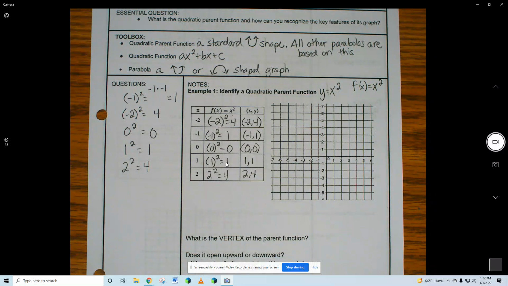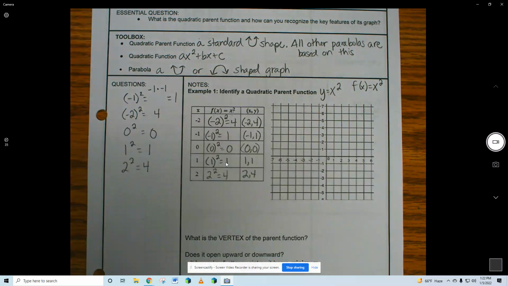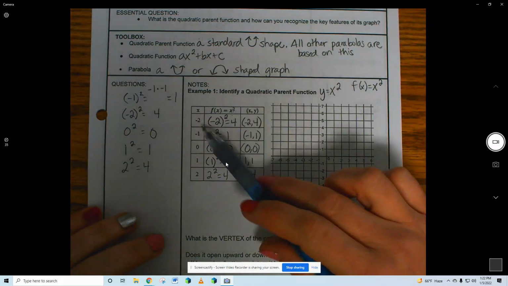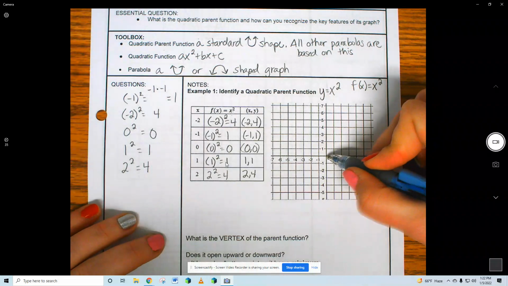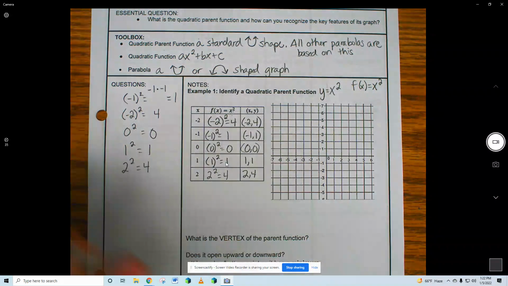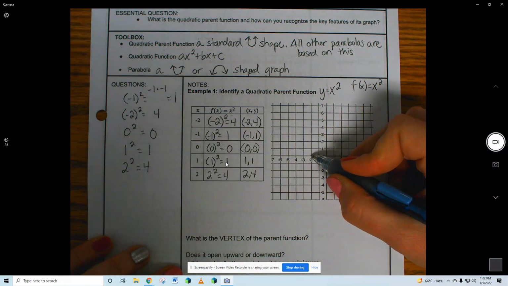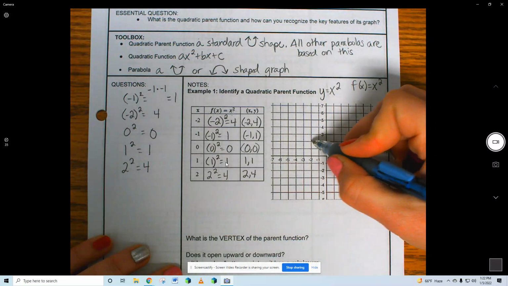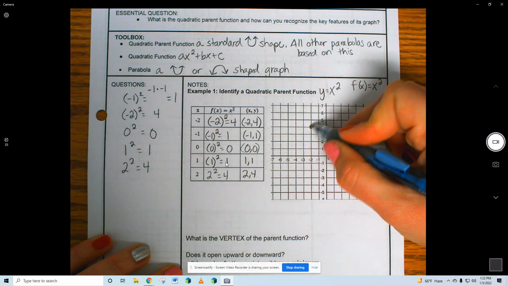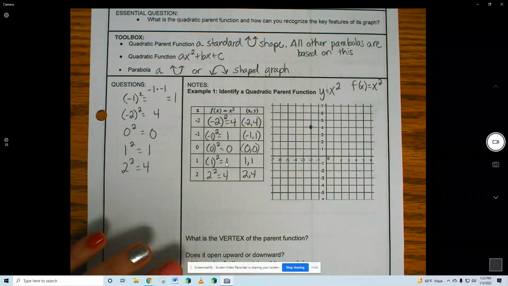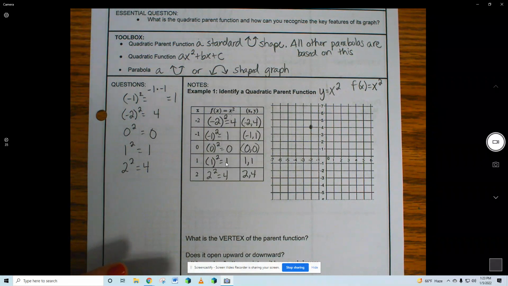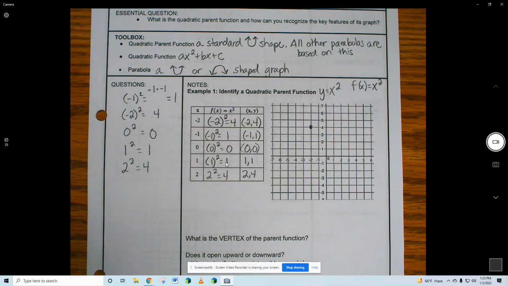So this parabola, let's graph it. Ordered pairs. -2, +4. Always start at 0, 0 when you graph a point. 2 to the left, and then 4 up. -2, 4. -1, 1.